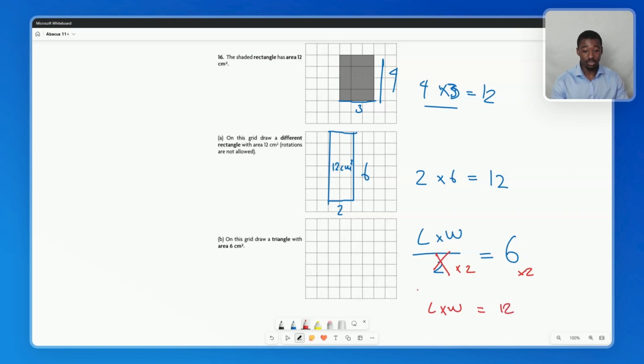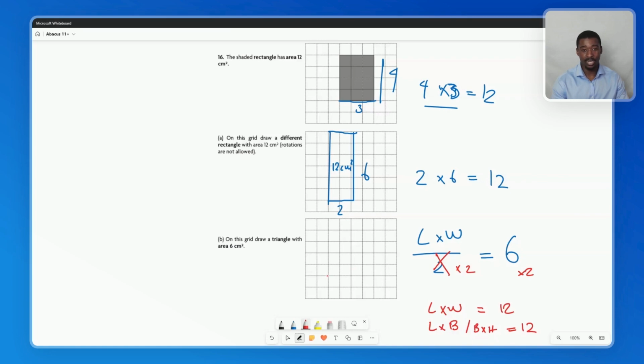So we know all we have to do is draw a triangle that has a base times height, same thing really. The main point here is that those two numbers need to multiply to give us 12. So we can do that.